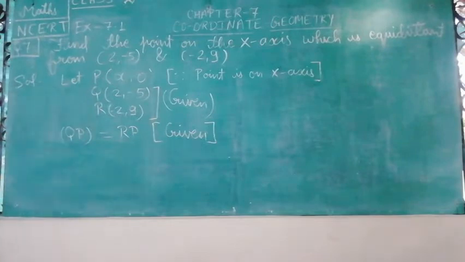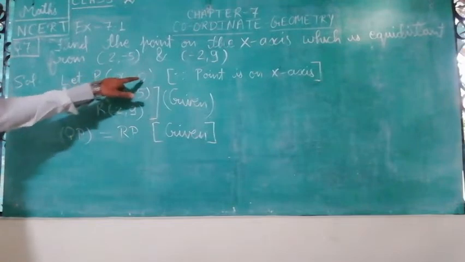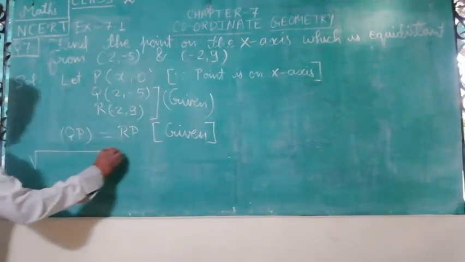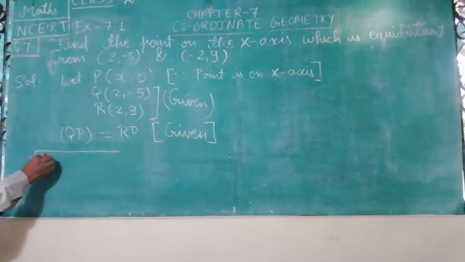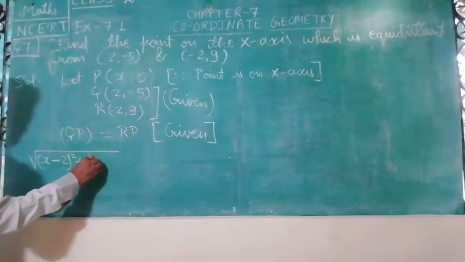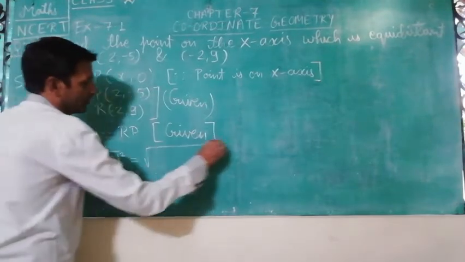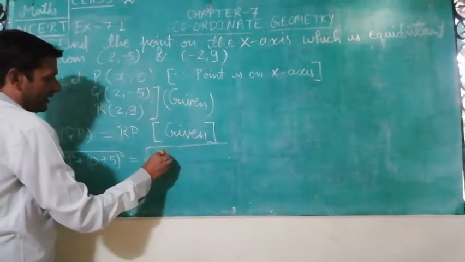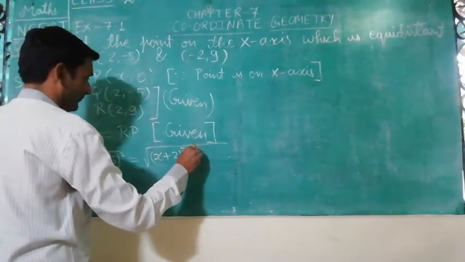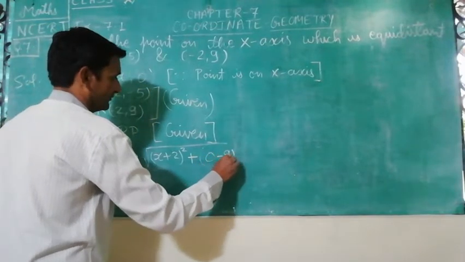Now in place of x1, y1 what is there? In place of x1, y1 that is (x, 0). So we are doing here root of (x minus 2) whole square plus (0 plus 5) whole square is equal to root of (x plus 2) whole square plus (0 minus 9) whole square.